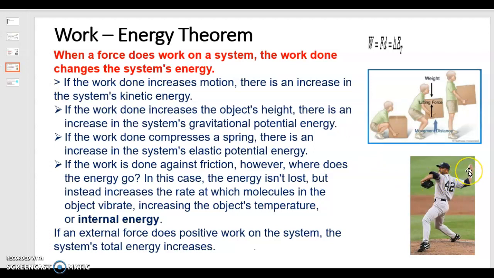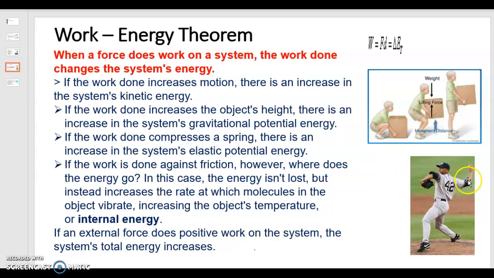Here's another example of work converting to energy. So we said work is force through a distance. Well, this baseball right now is not moving, but when Mariano Rivera applies a force and pushes this baseball, he's going to accelerate it, get it up to maybe 100 miles an hour. And that baseball then has a lot of kinetic energy due to its velocity.